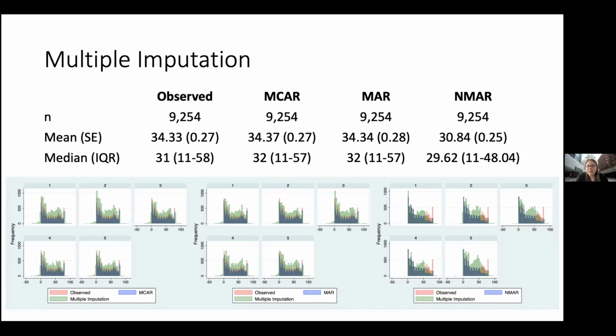It's not any better with not missing at random. So multiple imputation does not resolve the issues of data not missing at random. And you can see that we have a standard error that's very similar or slightly inflated, which is pretty common with multiple imputation. And down here, you can just see the distributions. Again, there are 5 different data sets, and this is a distribution of the data for each of those 5.